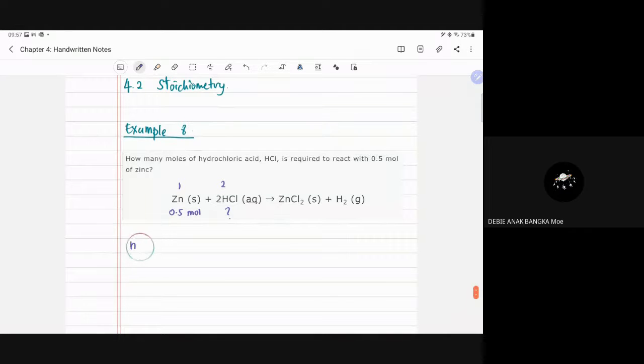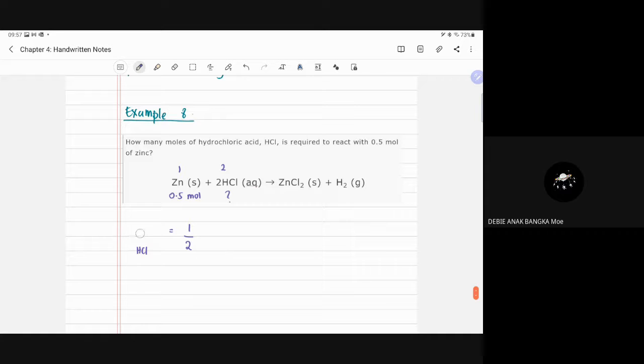So number of mole of zinc bahagikan dengan number of mole of HCl bersamaan dengan nisbah dia 1 kepada 2. Okay. Sorry kejap. Let me see. Number of mole of zinc, okay, given, okay, yang diberikan adalah 0.5 dan number of mole of HCl required, yang diperlukan, nisbah yang diberikan dan diperlukan, sama dengan 1 kepada 2.